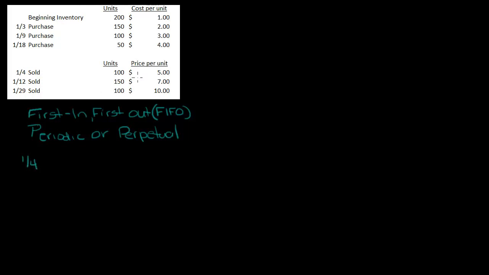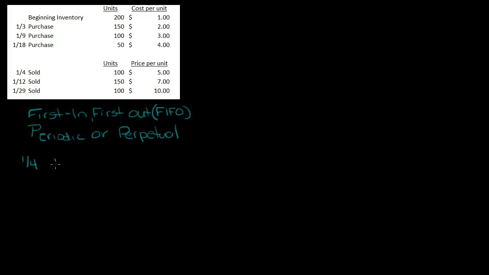So on 1/4, we sold 100 units. Okay, so remember, first in, first out. So we're going to look to the units up here, our beginning inventory. There's 200 units in that beginning inventory, and we need 100 of those for that sale.